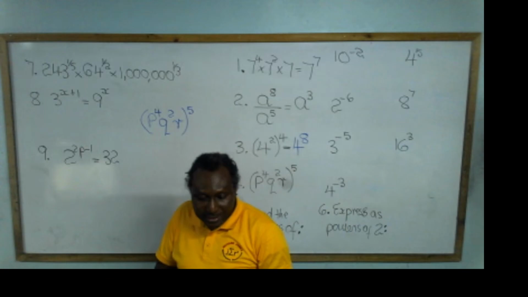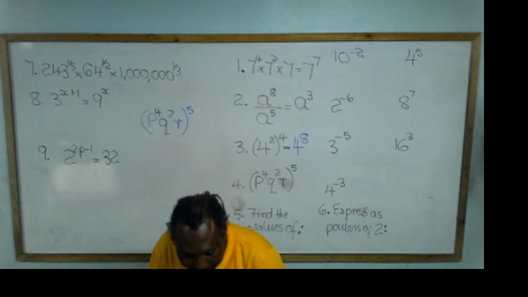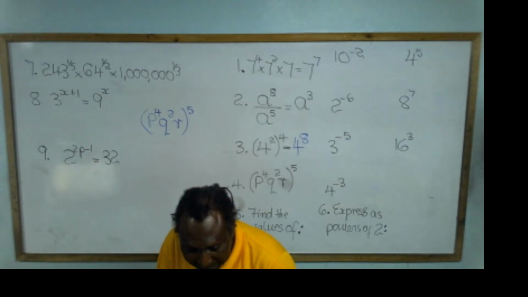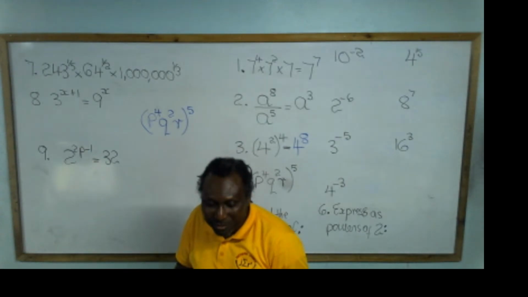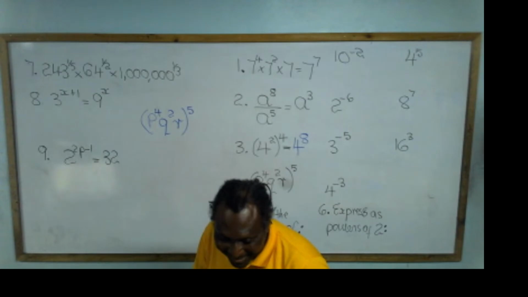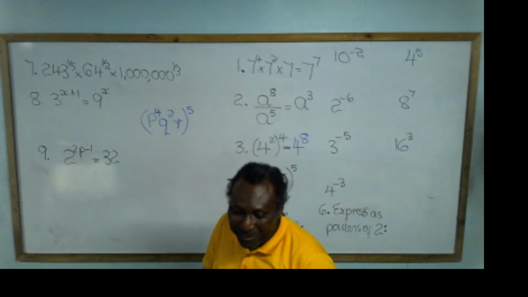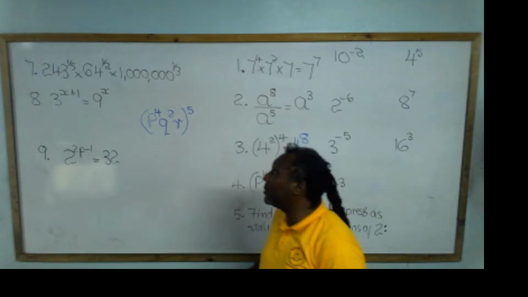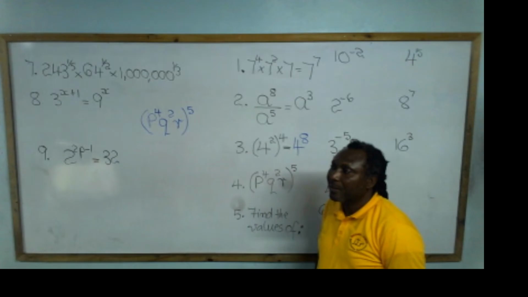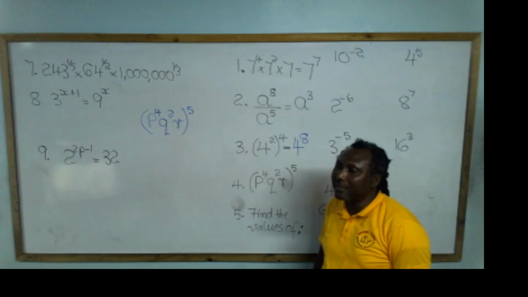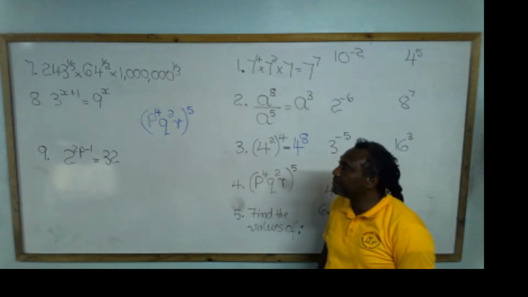We cannot add those, no. Because you do not know the rule. And for you to understand the rule, you have to be following these things seriously with the instructional class and also in your instructional manual.